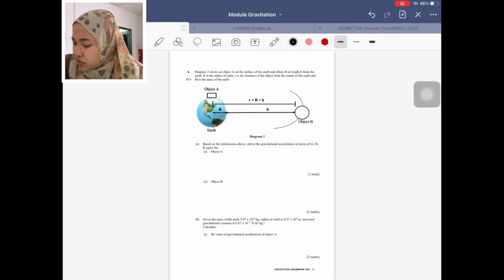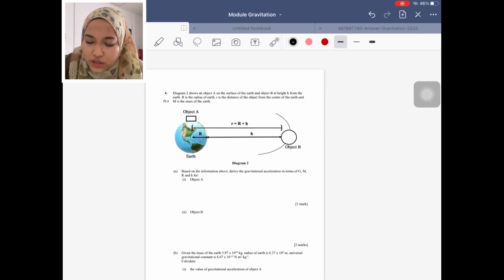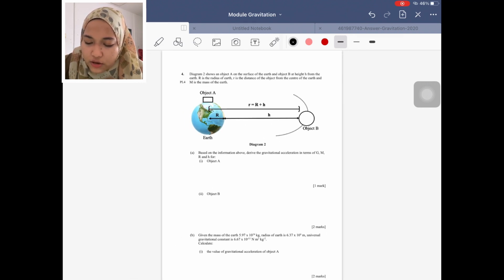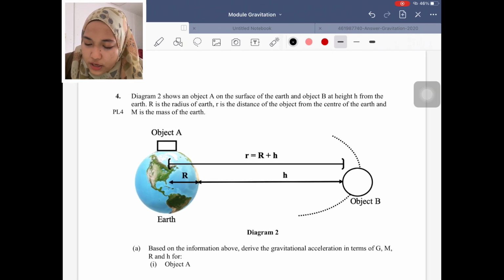So next question number 4. Okay, so diagram shows an object A on the surface of the earth and object B at height h from the earth.